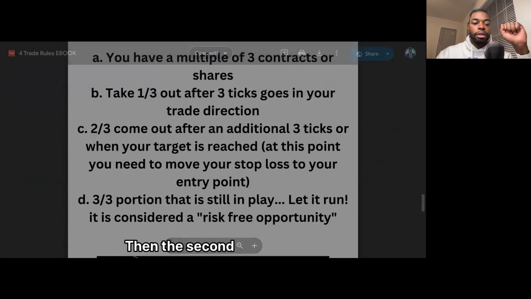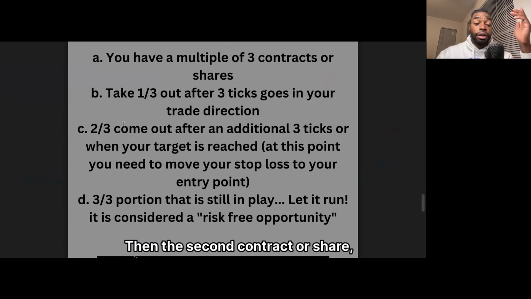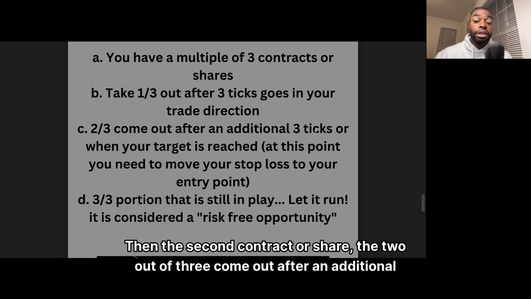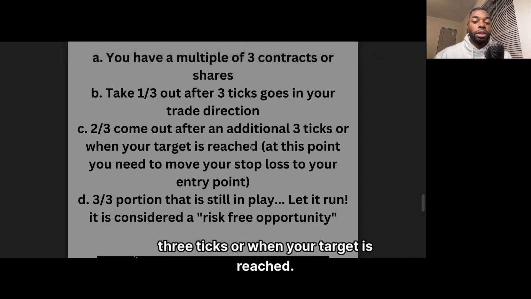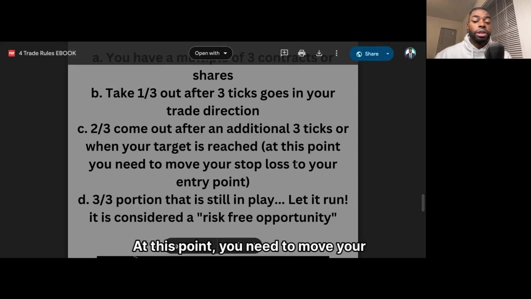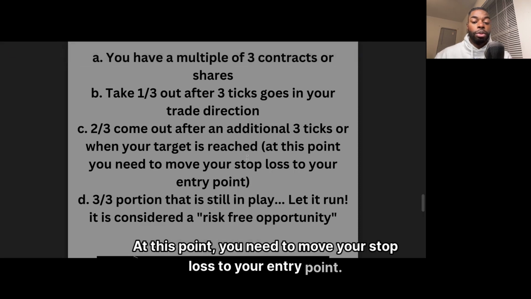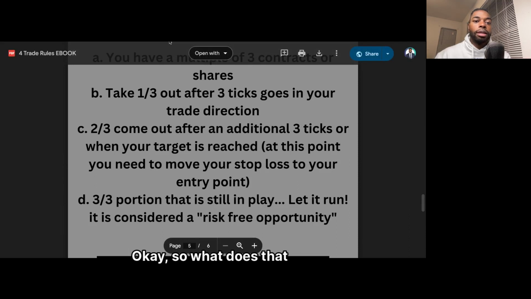Then the second contract or share, the 2 out of 3, comes out after an additional 3 ticks or when your target is reached. At this point, you need to move your stop loss to your entry point. So what does that look like as well?